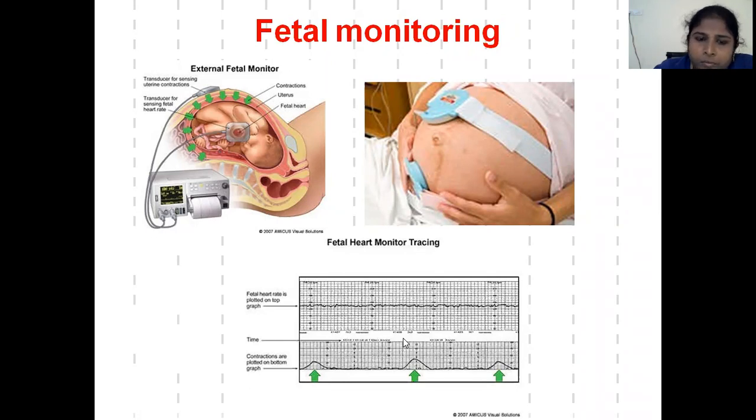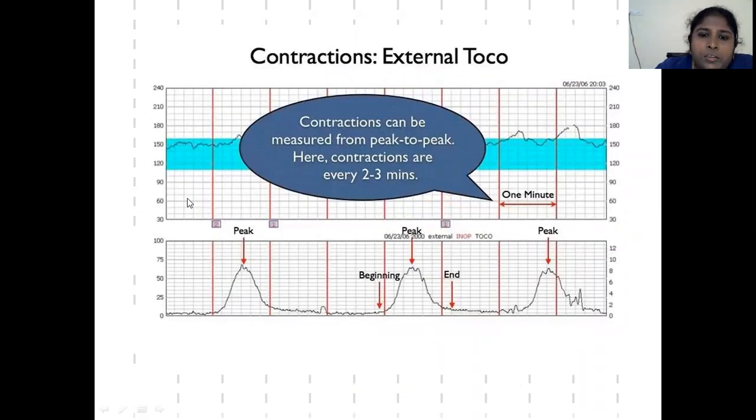Next, this is a CTG paper, and on it one block is 1 minute. Contractions are measured from peak to peak. And also the decelerations: if this is the uterine contraction, and if you get the deceleration at the starting of uterine contraction, it is called early deceleration.